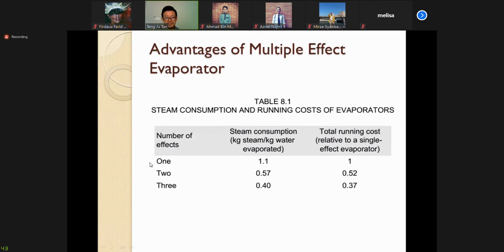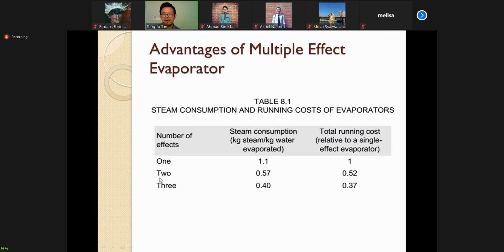So you can see the number of effects, just one evaporator. Steam consumption: you need 1.1 kg of steam in order to remove 1 kg of water from your feed. Total running cost relative to a single effect evaporator, 1.1 divided by 1.1 equals 1. So this one is compared with 1.